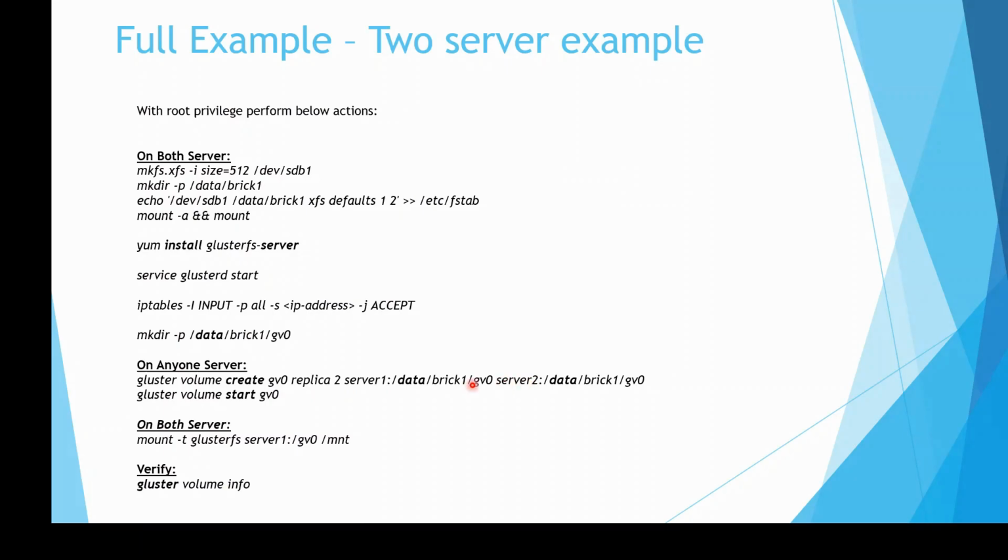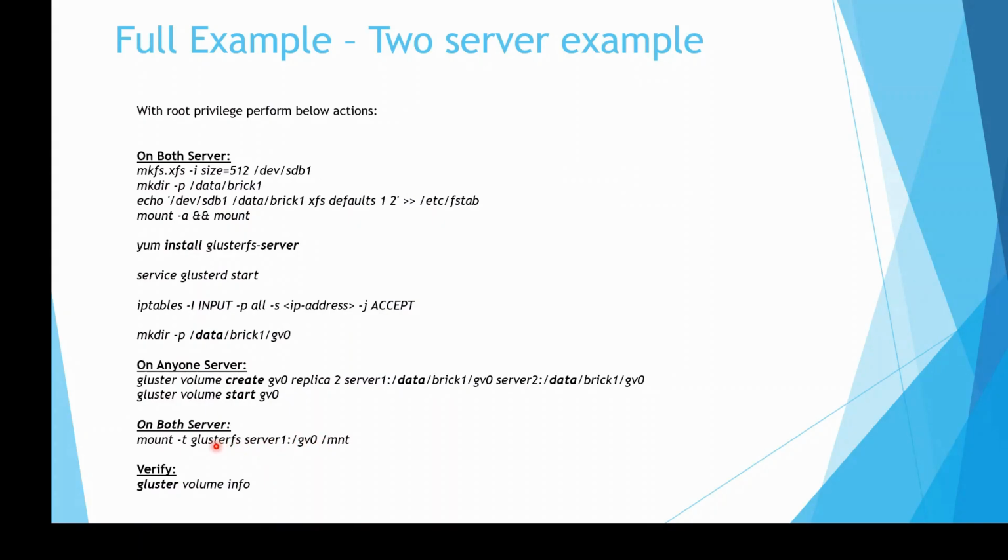If this command is successful, you get a gv0 volume, and then you have to start the volume. Once you start the volume, you have a volume running, and now you need to mount that volume on each of the servers. On both servers, as root, execute this command.